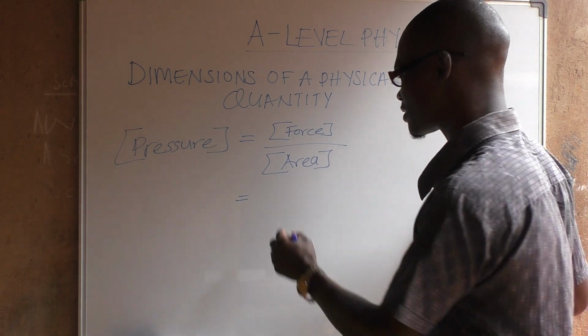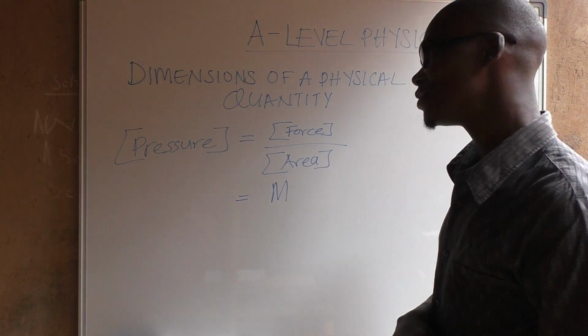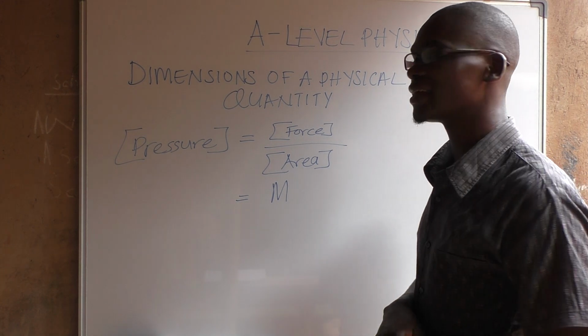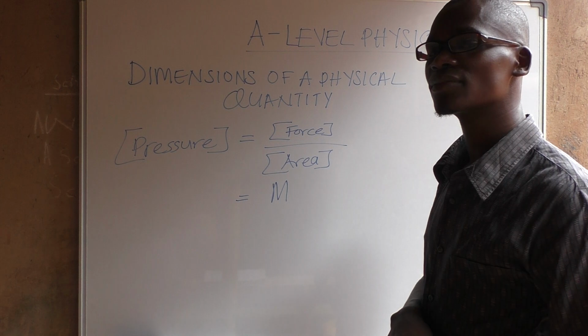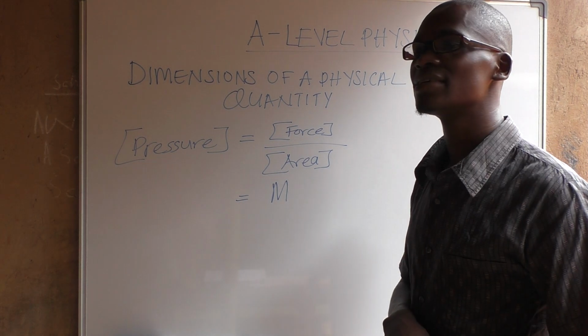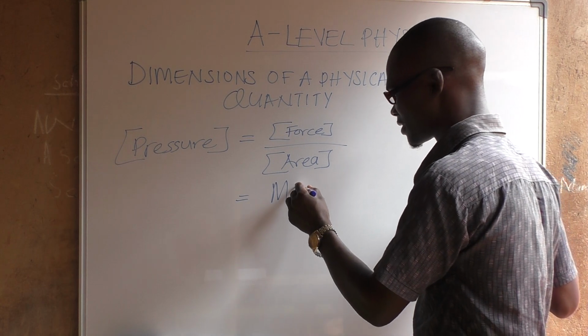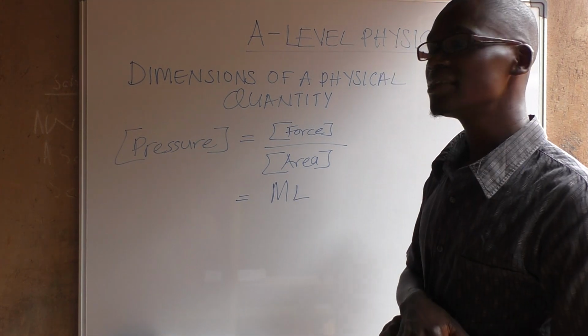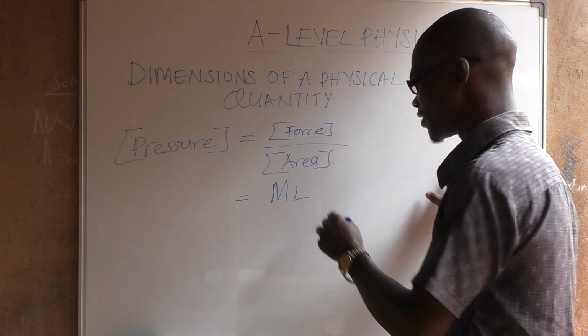So the mass is capital M. Acceleration is given by velocity over time, and velocity is displacement over time, that is length over time.